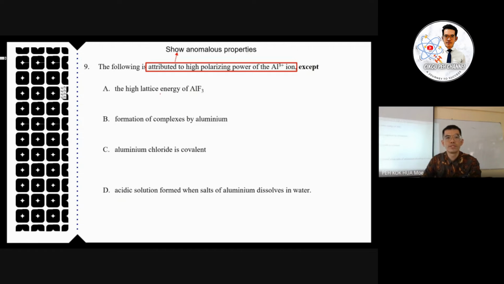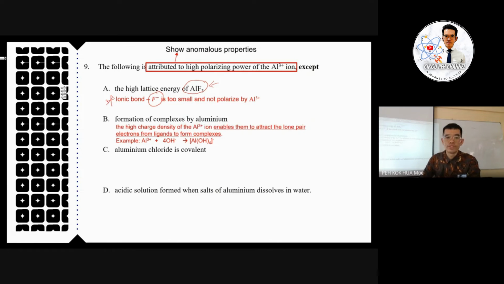For A, this is actually an ionic bond between aluminium and fluorine, so it is not an anomalous property for aluminium 3+. This is because the fluoride ion is too small to be polarized by aluminium 3+, so there is a normal ionic bond between aluminium and fluorine. So the answer is actually A.